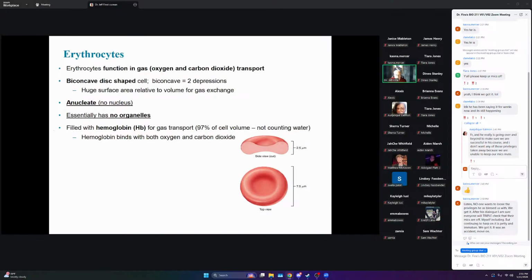Then it's going to get carried on that erythrocyte out through the body, and at whatever stop it makes along the way at the cellular level, that hemoglobin is actually going to flip, and we'll talk more about this later on in the respiratory system. And it's going to, much like a magnet can do, push the oxygen molecule off of the erythrocyte into the cell.